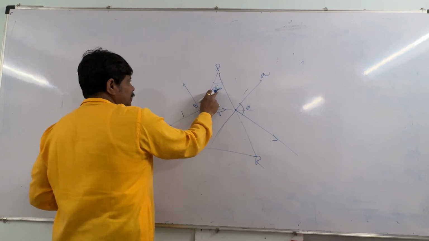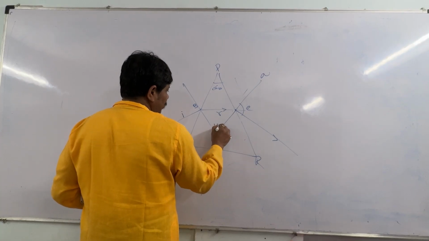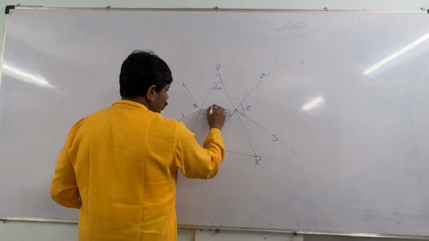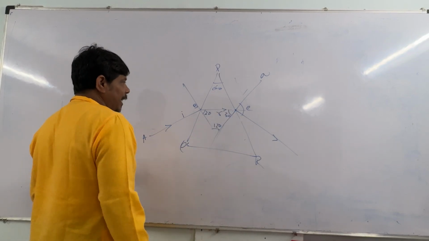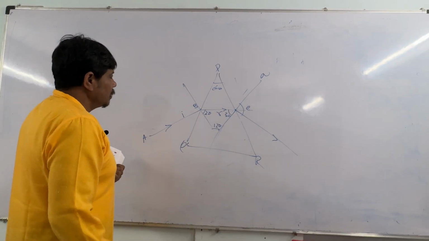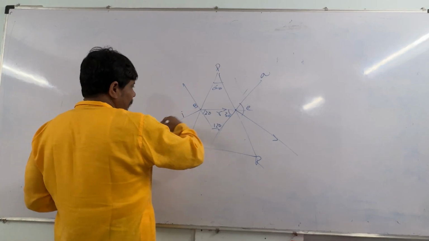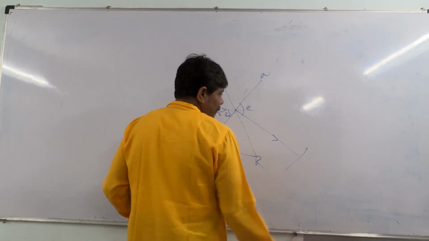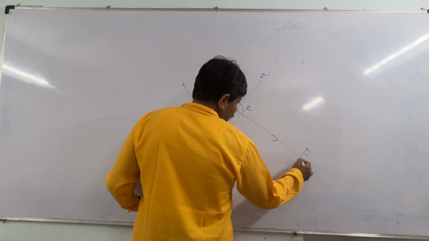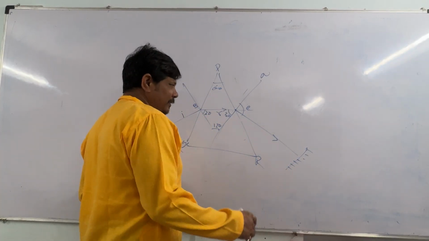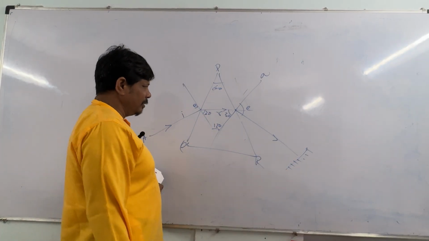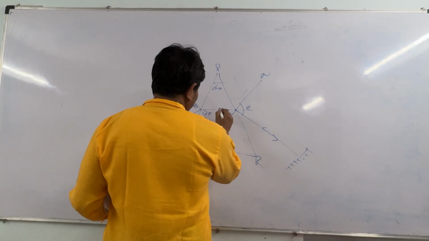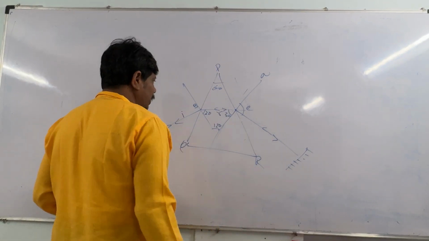If this is 60, it will be 120, and this will be 30 and this will be 30, because the sum of the three angles of a triangle is 180 degree. This is the path of the ray. If you put a plane mirror over here, this ray will reflect back along the same path.